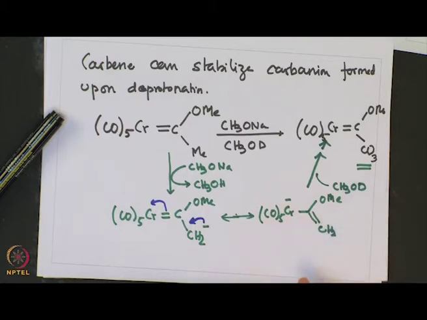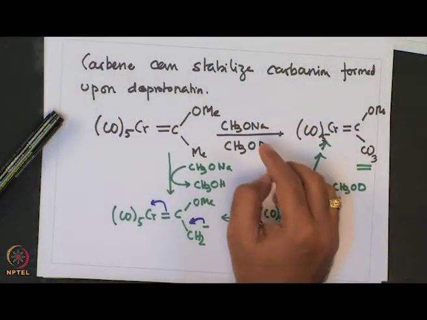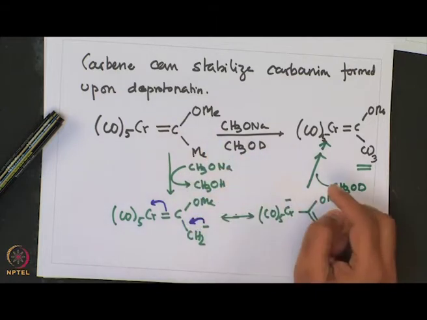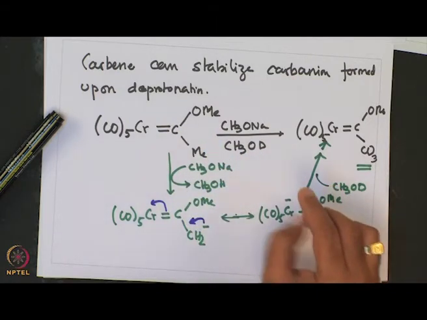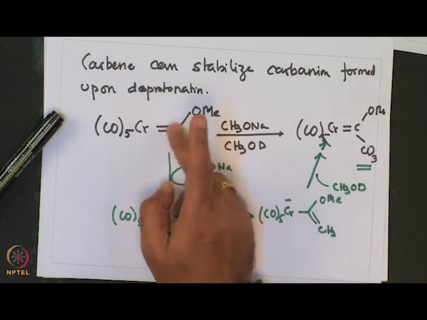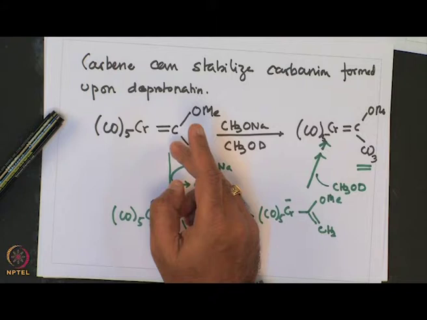So, what we have seen is that the carbanion formed by the deprotonation of the methyl moiety is stabilized by the carbene, and that is because of the electron deficient nature of the carbenic carbon.